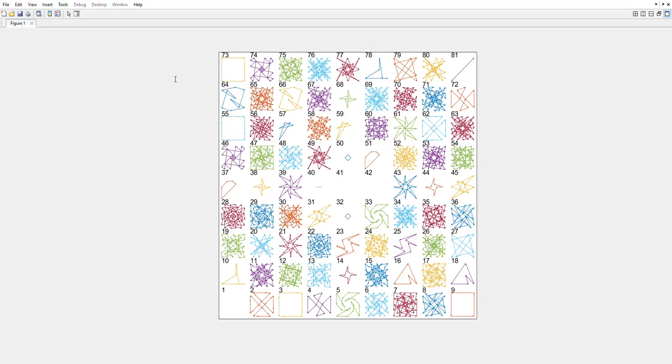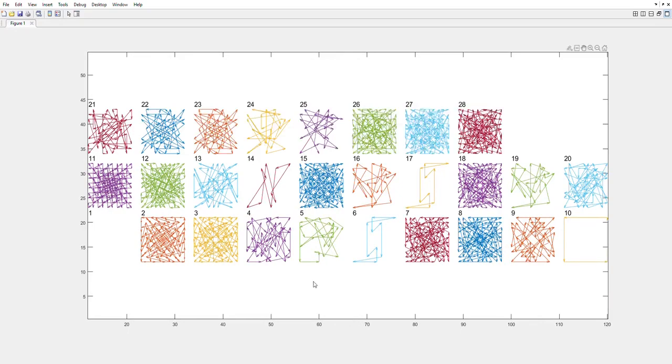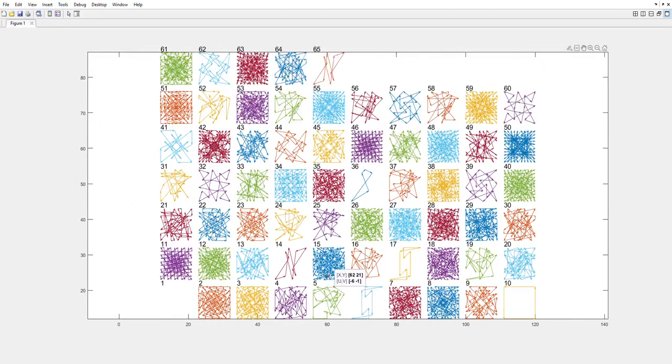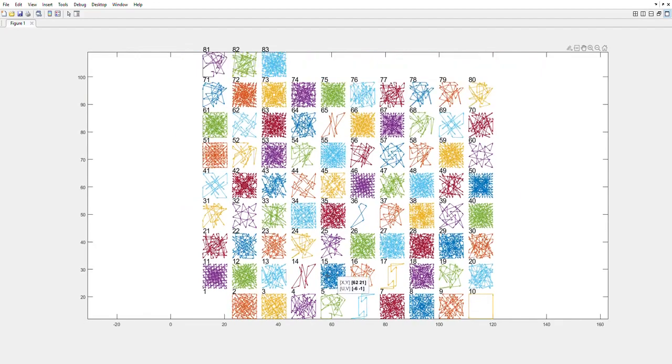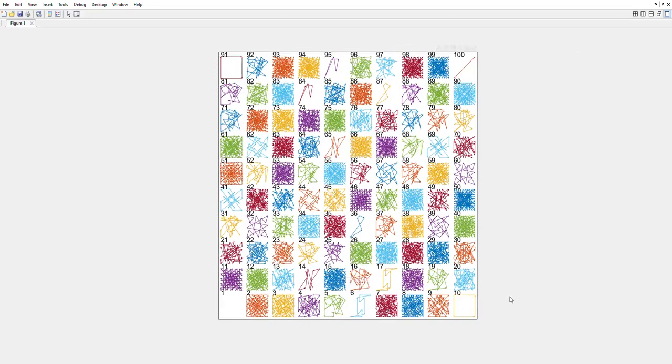Then let's go to 101. Now it starts becoming a bit more difficult to see, but it's quite interesting. So we have all these patterns, and so this 46, for example, is going all over the place. It's quite funny.